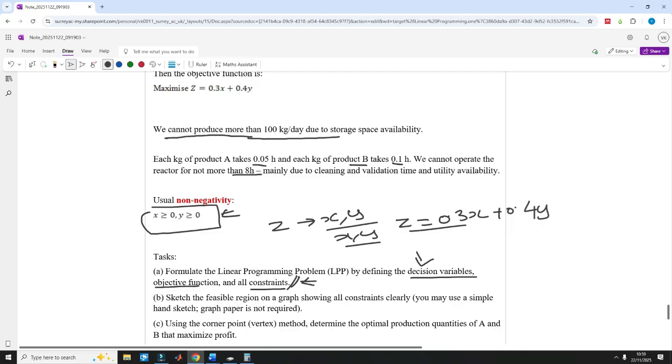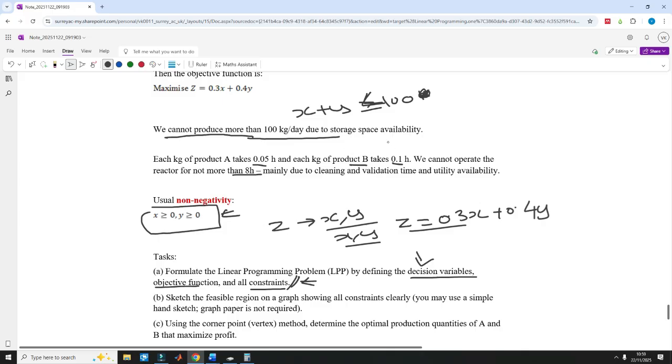We cannot produce more than 100 kg, which means X plus Y cannot exceed, sorry, should be less than or equal to 100. Similarly, you have 0.05 hours to manufacture product A, 0.1 hour to manufacture product B. This is per batch, and you cannot operate more than 8 hours.